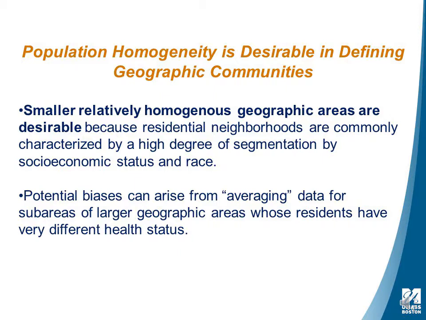Why is this an issue? When you have large geographic areas, you're more likely to have sub-areas which are very different from each other in terms of the population living there. You're likely to have higher SES sub-areas with better health status, along with lower SES areas with worse health status in the same large geographic area.